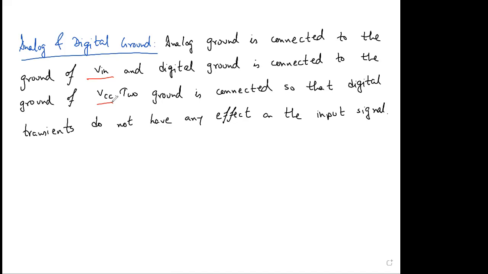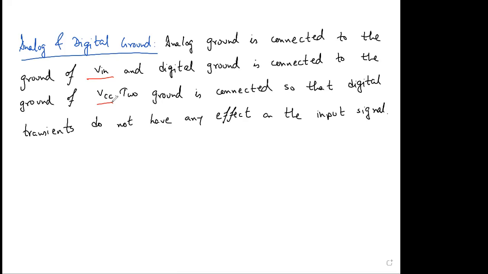So the negative terminal actually acts as the reference for your positive terminal. Like, say if you're connecting 10 volts to your positive terminal and your negative terminal is grounded, then you say that my input is 10 volt. But if you connect your positive terminal to 10 volt and connect your negative terminal to 5 volt, in that case your input voltage is actually 5. So the negative terminal basically provides us the reference voltage.